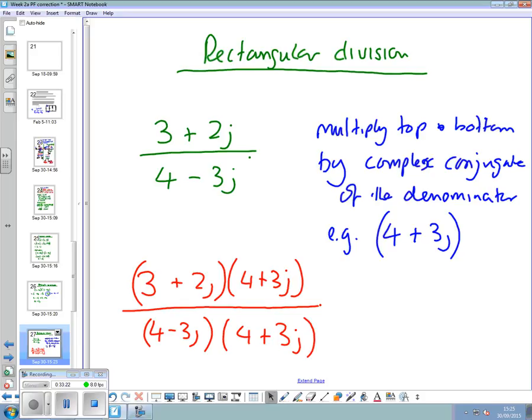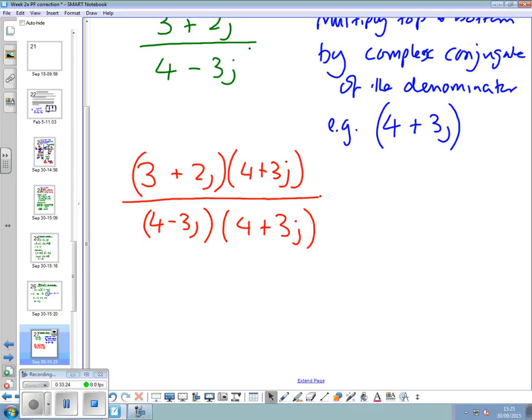Now, what I'm going to do is deal with the denominator and numerator separately over here. Denominator.